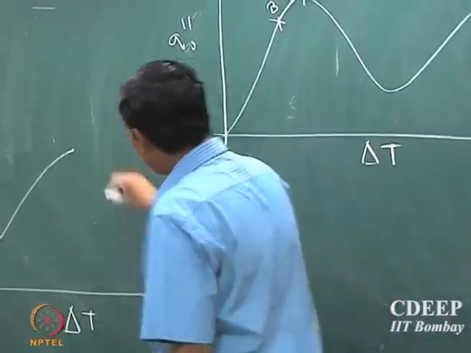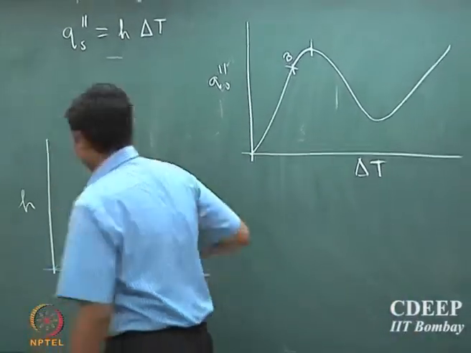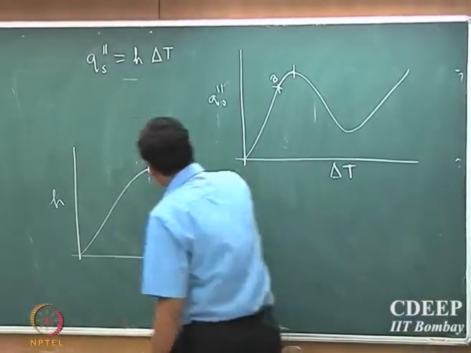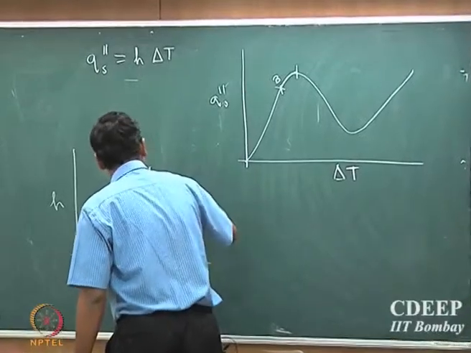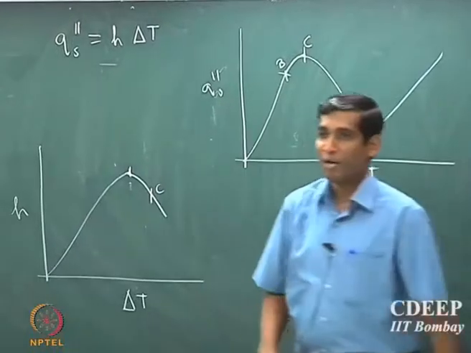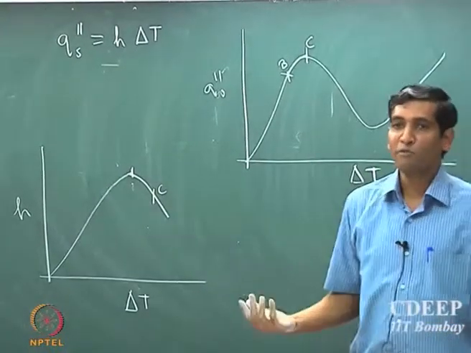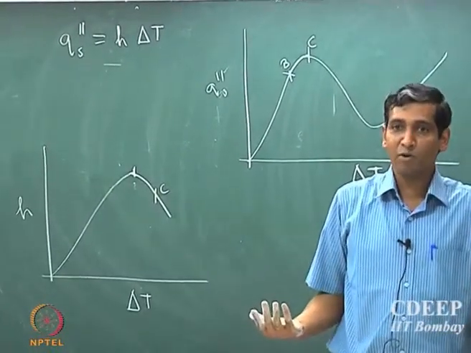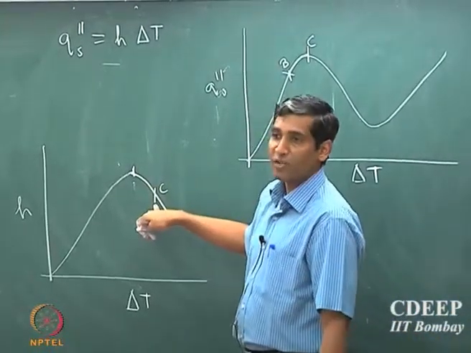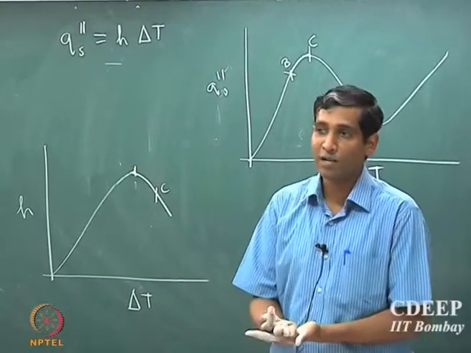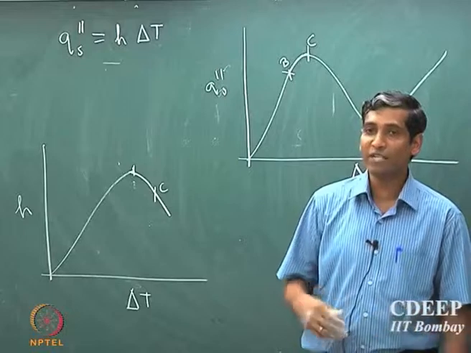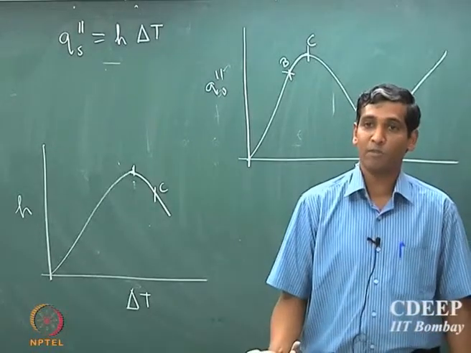Therefore at the inflection point you reach a location of maximal heat flux, and the heat transport coefficient starts decreasing. This location is C, which I mark as the maxima point. It is not able to withstand the decrease in the heat transport coefficient, so at this location C the coefficient will decrease significantly, and any increase in delta T is not going to lead to an increase in the flux of heat transport.